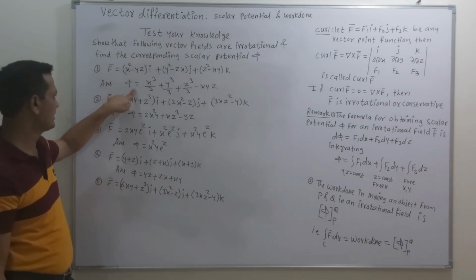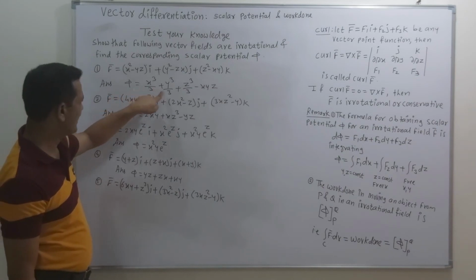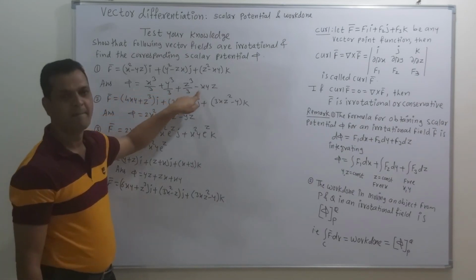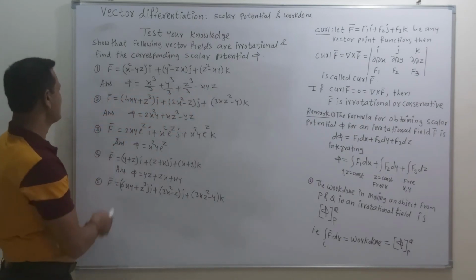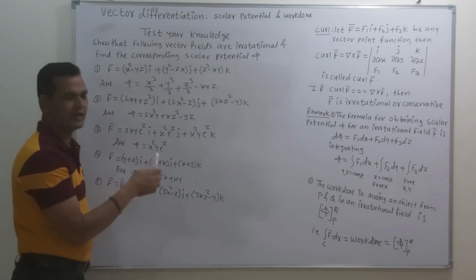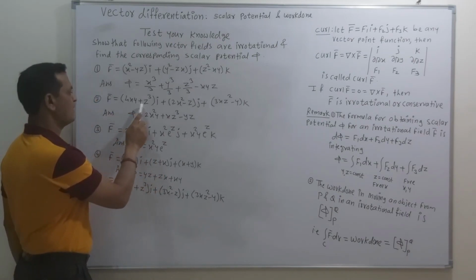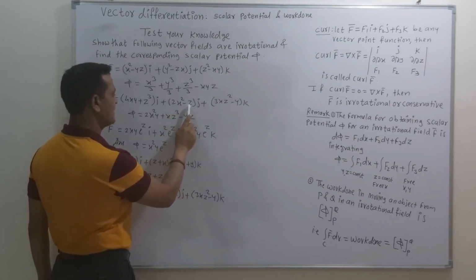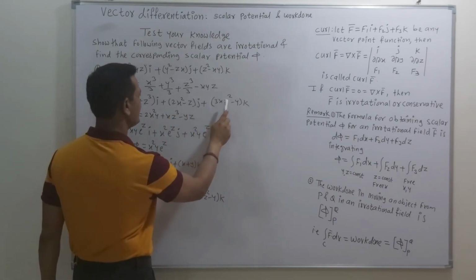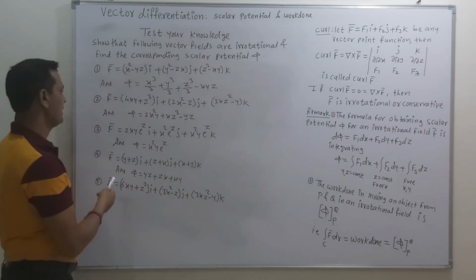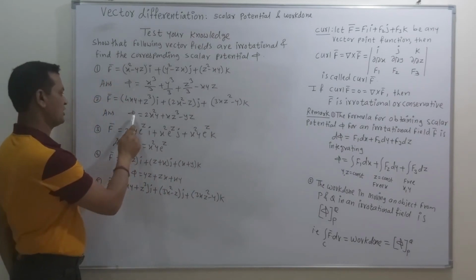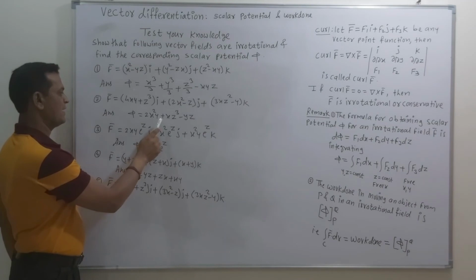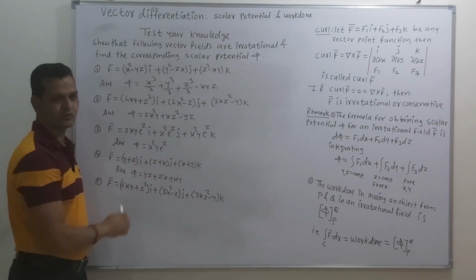The answer for this scalar potential is x cube by 3 plus y cube by 3 plus z cube by 3 minus xyz. The second question: vector field f bar is given as (4xy minus z cube) i plus (2x square minus z) j plus (3xz square minus y) k, which is irrotational, and the scalar potential is 2x square y plus xz cube minus yz.